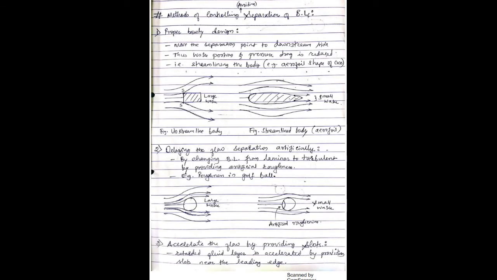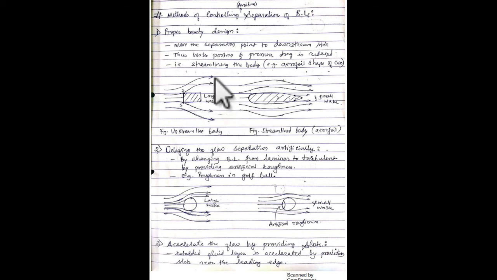There are different methods of controlling the separation of the boundary layer. First is proper body design. We can see that the aerofoil shape of the cars is for streamlining the body.